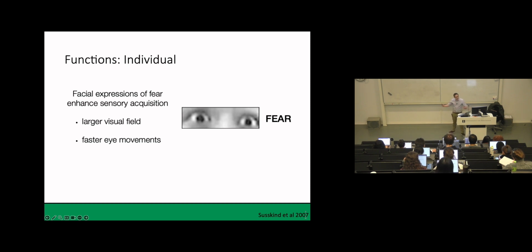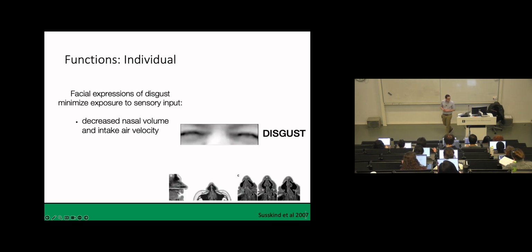But of course, it's not just fear. We see this for all different kinds of emotions. In this same paper, he also looked at expressions of disgust. He found that when people took on this expression of disgust, it decreased nasal volume intake and velocity. So people weren't able to breathe as fast when they did this face-scrunched disgust expression. So what might this be consistent with?